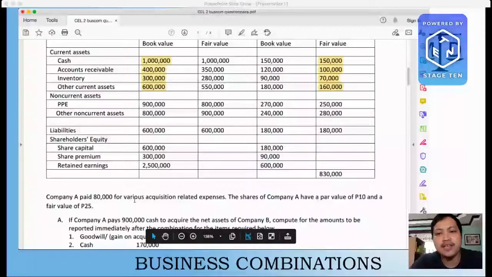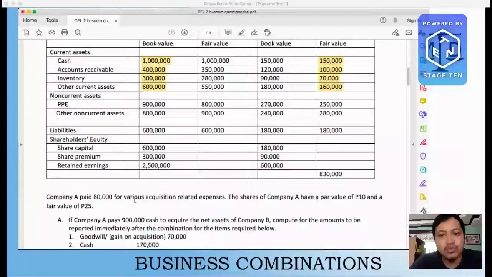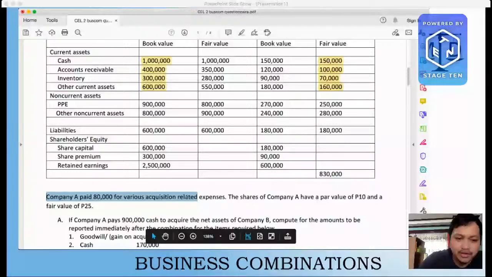Please do not forget to take into account the acquisition-related costs, okay, which is this one. This is very important. This is an important information from the problem. That company A also had to pay for acquisition-related expenses.